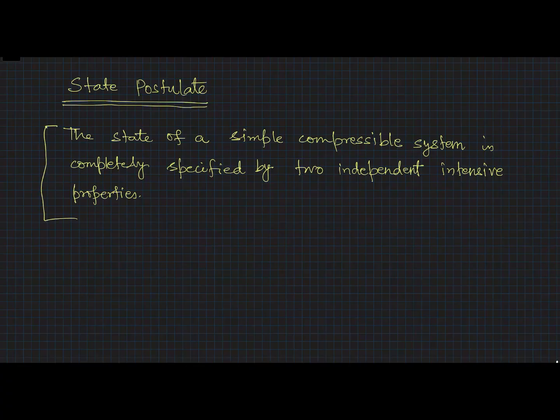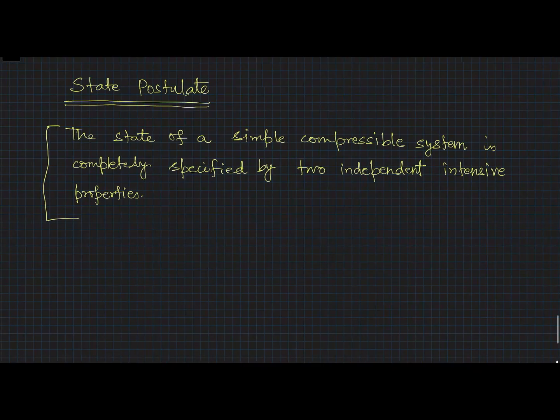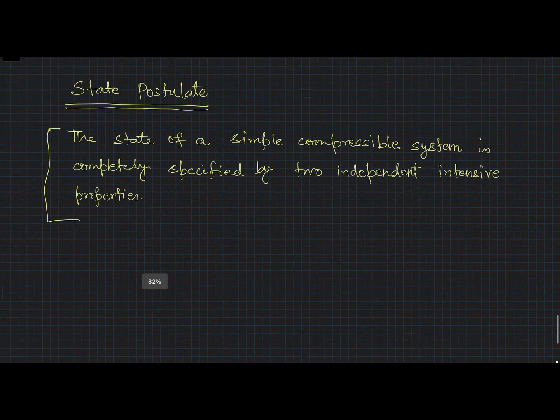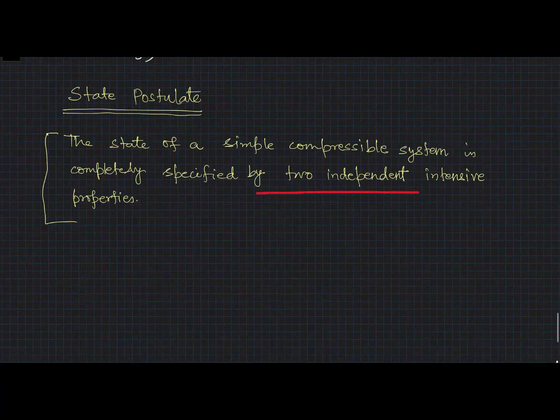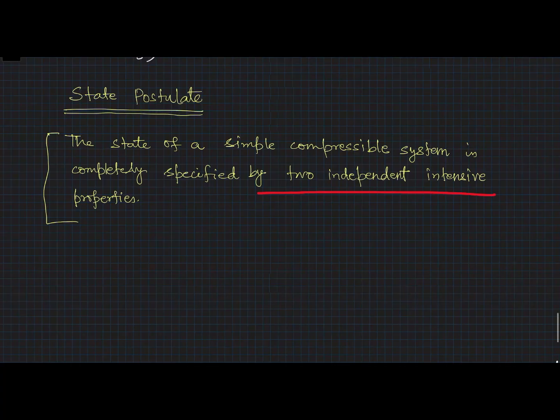And one thing I want you to note here is why it is specified by only two independent properties. For a system, and later we will see that, energy transfer was actually responsible for change in pressure or temperature, and energy transfer in thermodynamics can happen only by two means.